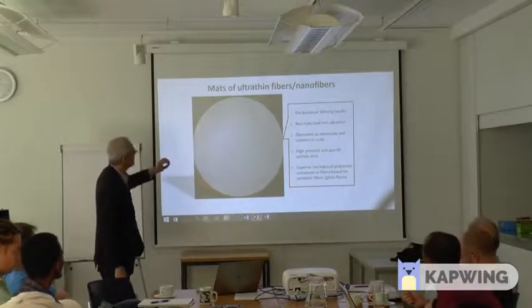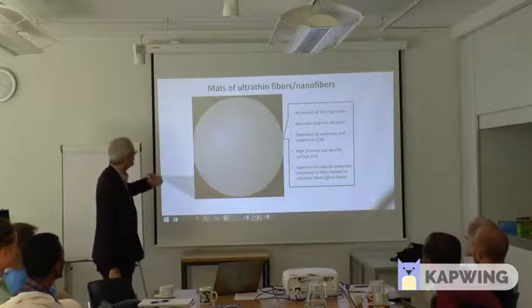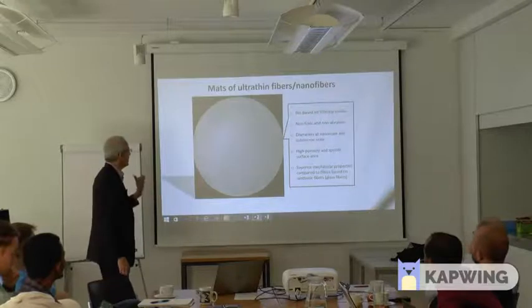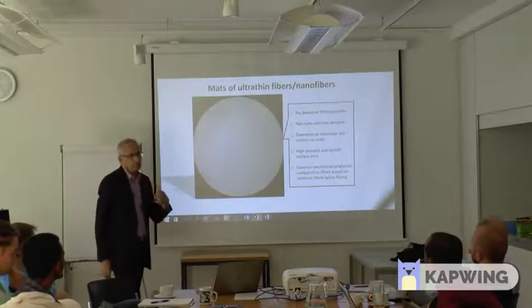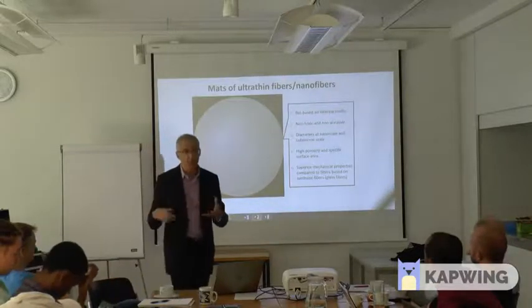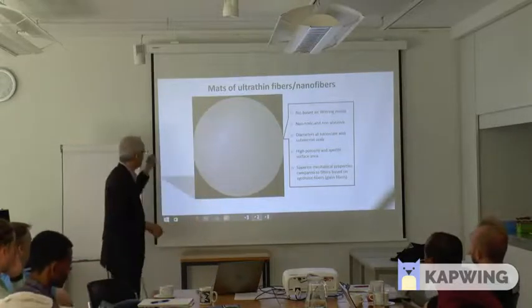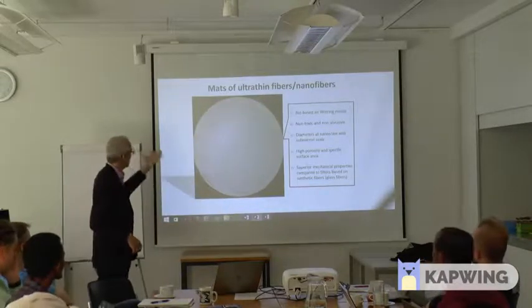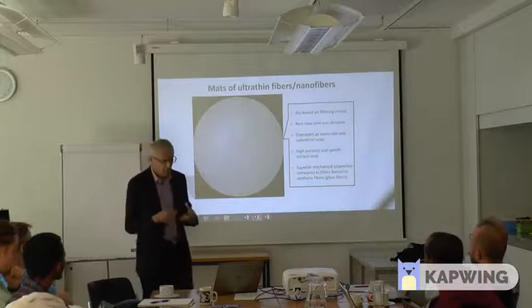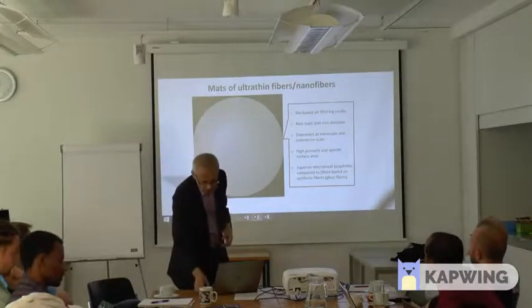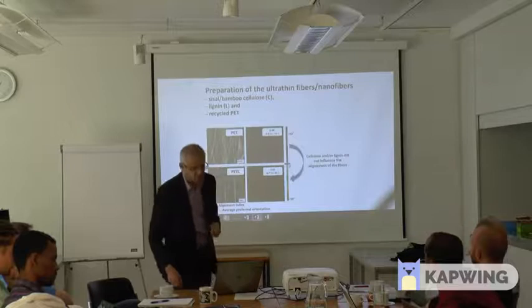reinforcing elements in the nanoscale, to make these filtering elements more competitive with other alternatives, such as glass mats or mats made from basalt or from other types of inorganic fibers.